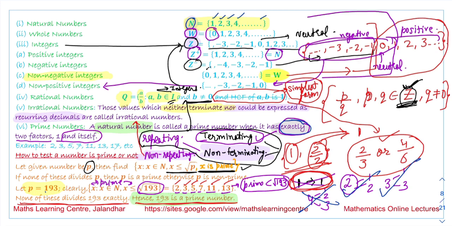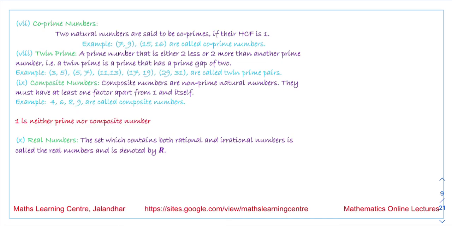The next definition we have is co-prime numbers. Two natural numbers are said to be co-prime if their HCF is 1. Suppose we are talking about the numbers 15 and 16. The factors of 15 are 1, 3, 5 and 15, so 15 is not a prime number.